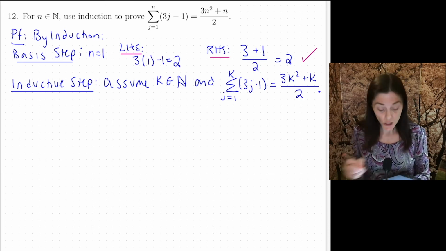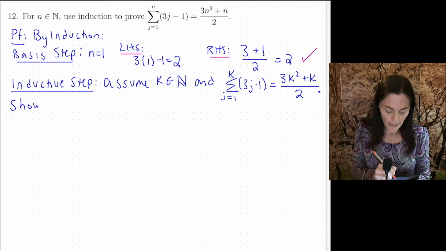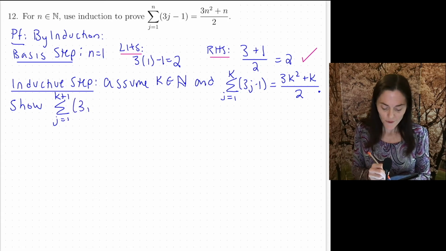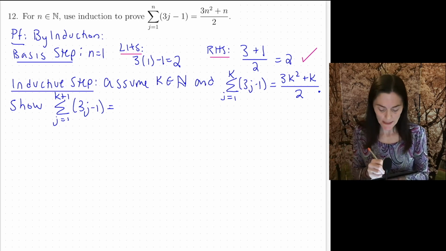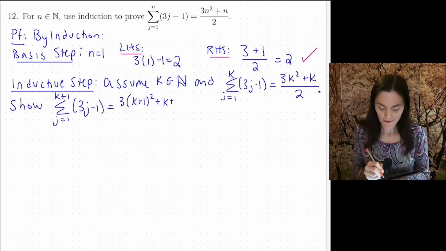Now we want to show that this holds for k plus 1. So if you sum j equals 1 to k plus 1 of 3j minus 1, we get, well, the right-hand side for k plus 1 is as follows: 3 times k plus 1 squared plus k plus 1, all divided by 2.